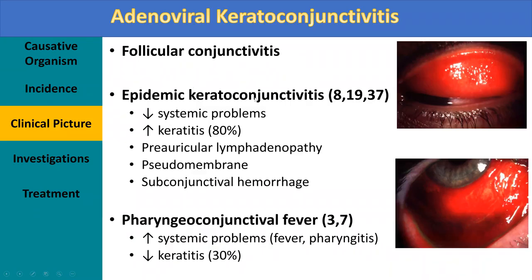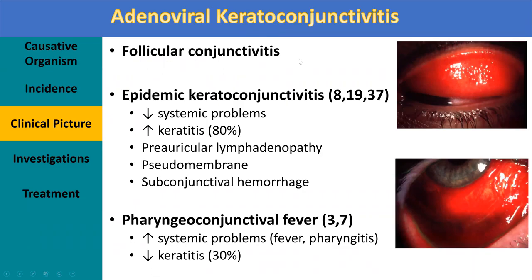You can remember it like this: 8 plus 19 equals 27, but you make it 37. The other serotypes cause pharyngoconjunctival fever, and they are 3 and 7. The serotypes are important. We have two important sets of serotypes in this lecture: those of adenoviral keratoconjunctivitis and those of chlamydia. Both are important and asked in the exams.